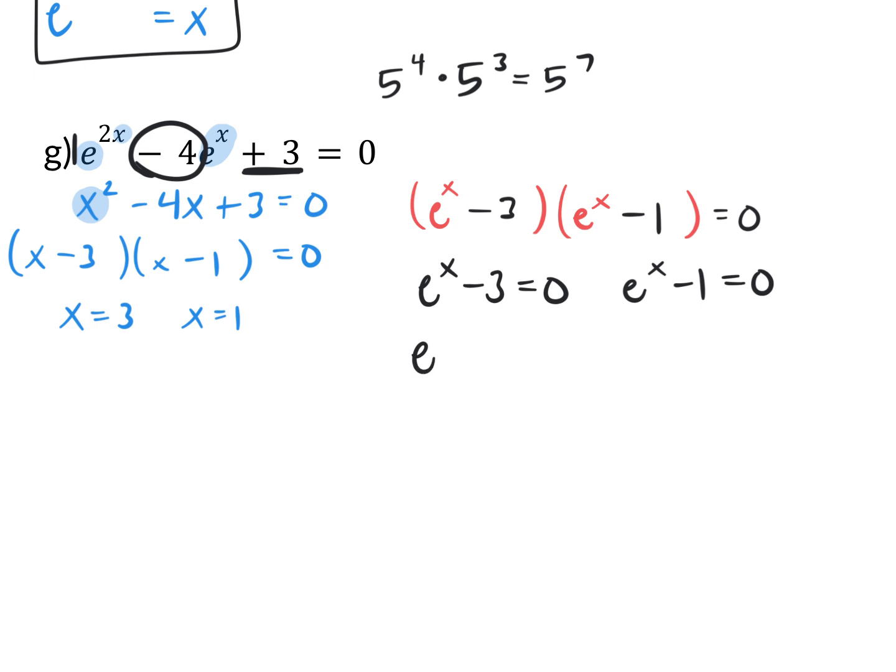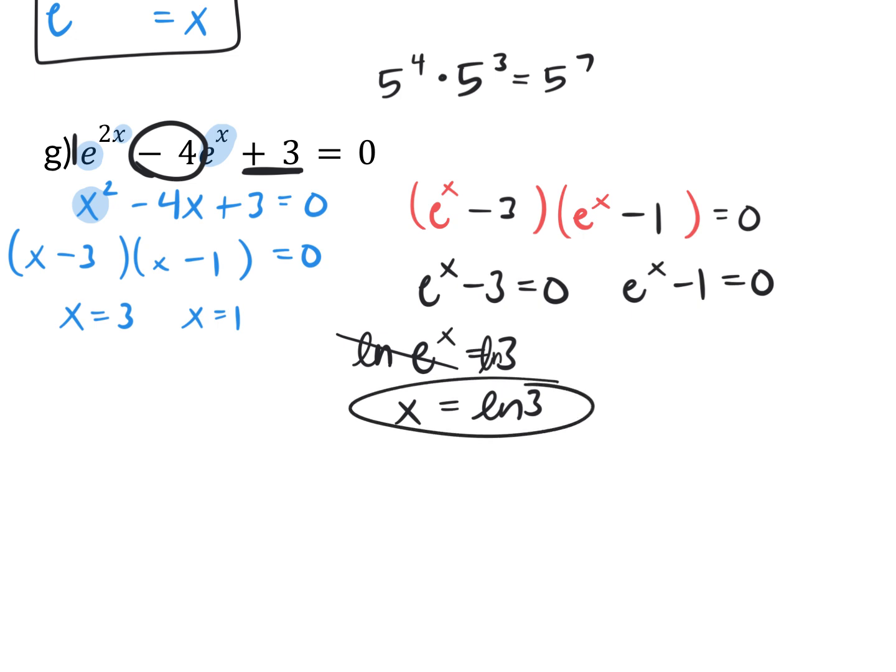So over here on the left, I've got e to the x equals 3, and if I want to get x down from the exponent, I need to take the natural log of both sides. So that goes away. I'm left with x is equal to the natural log of 3. Similarly with my 1, I've got e to the x equals 1.